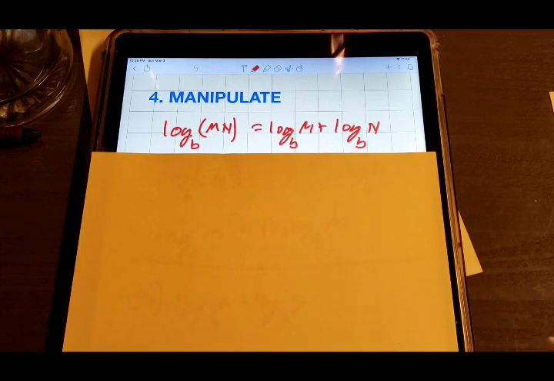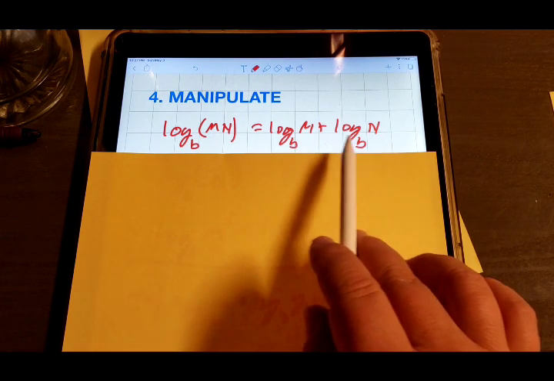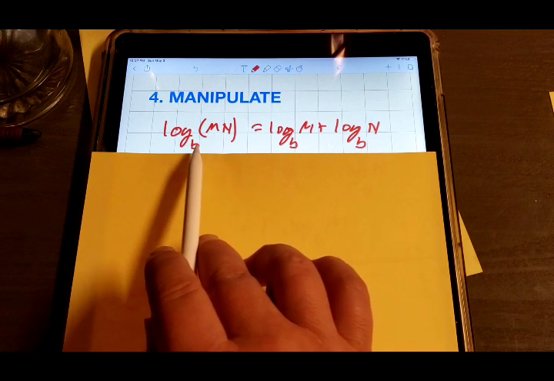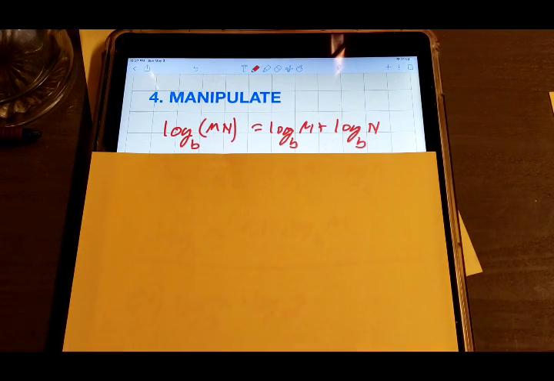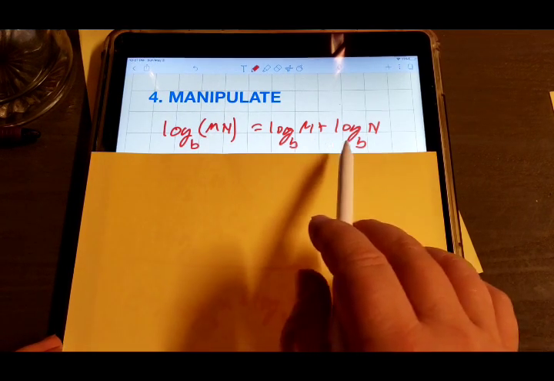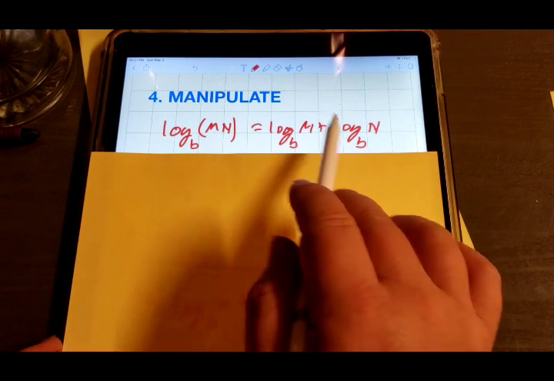We don't simplify logarithms, but sometimes we'd rather have two separate logarithms, and sometimes we'd rather have one logarithm. So here's an example of a logarithm formula. But the point is, it works in both directions.